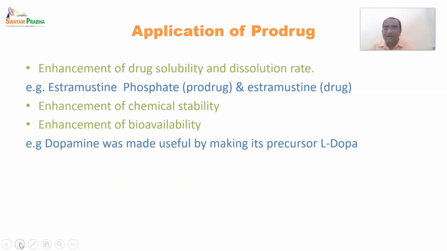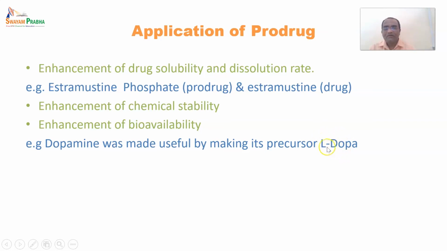For example, dopamine was made useful by making a precursor, L-dopa. When dopamine is administered directly, it does not cross the blood-brain barrier. As dopamine is required in the brain, there is a big hurdle, the blood-brain barrier, due to which dopamine does not pass it. But the drug has been converted to L-dopa.